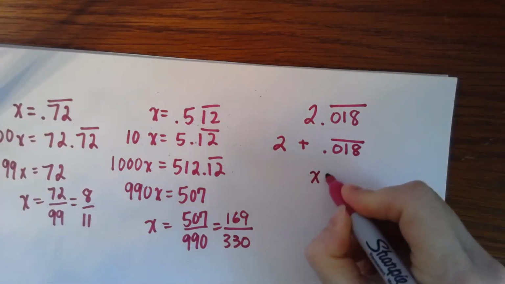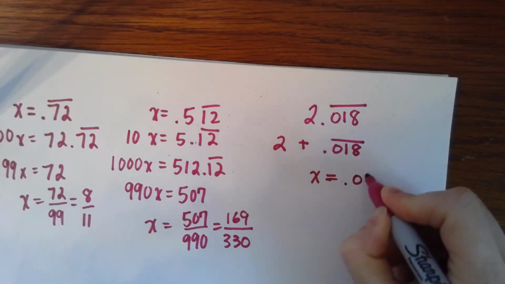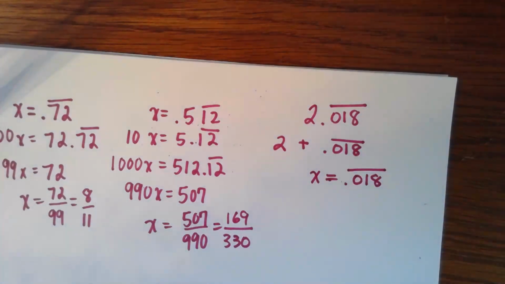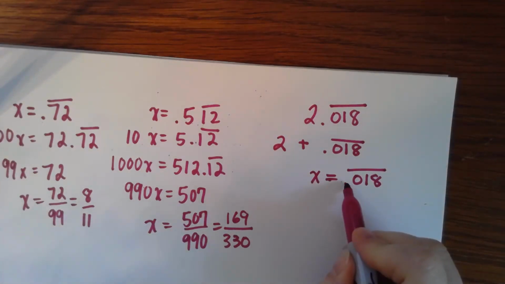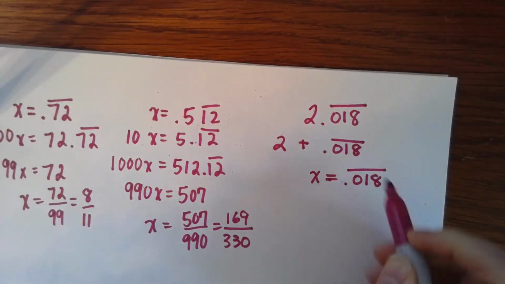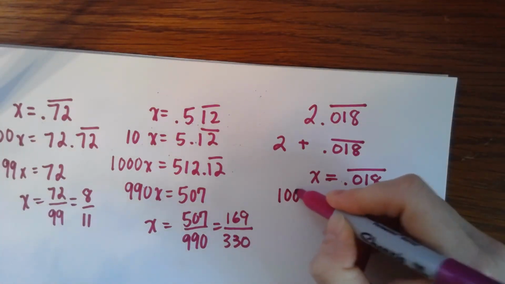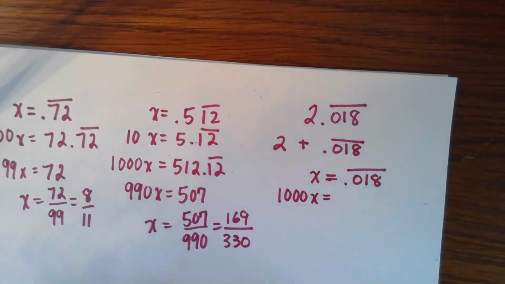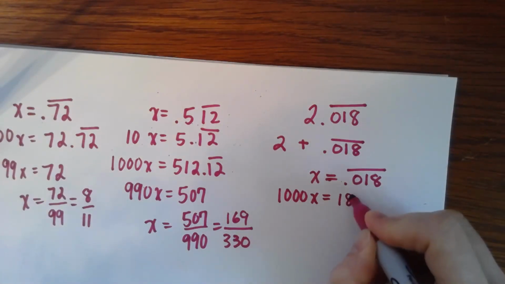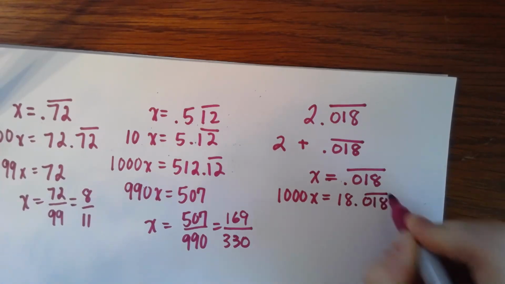So we're going to have our x be 0.018 repeating. I've got 3 digits repeating this time, so I'll move it past those 3 by multiplying by 1,000. That will give me 18.018 repeating.